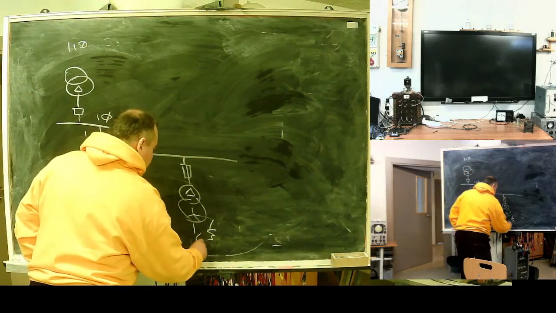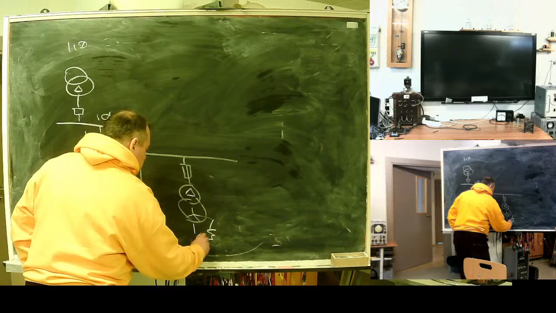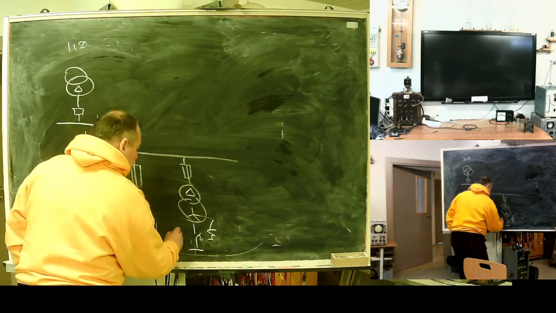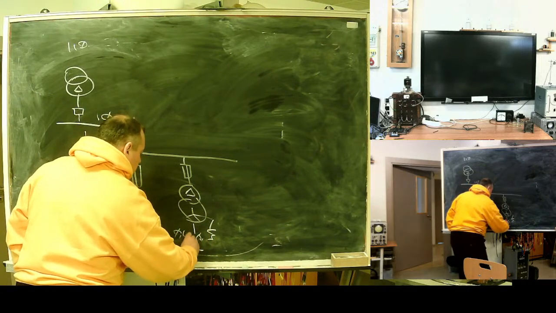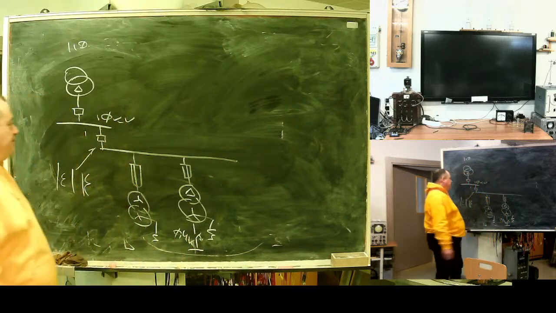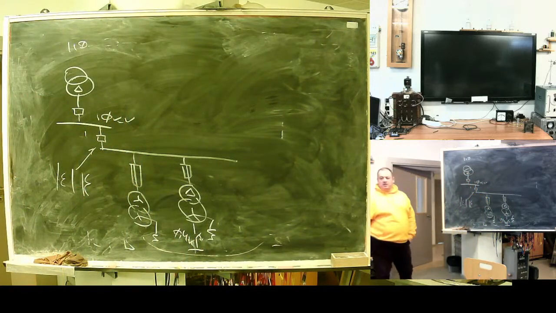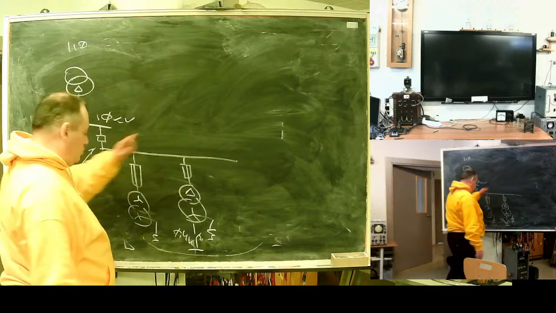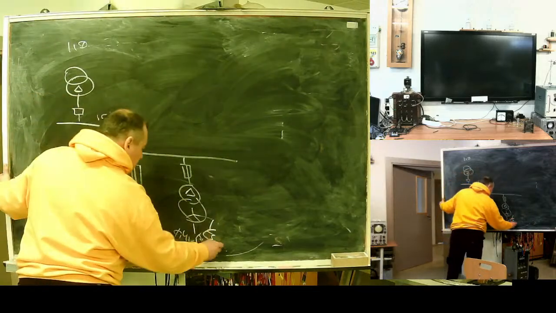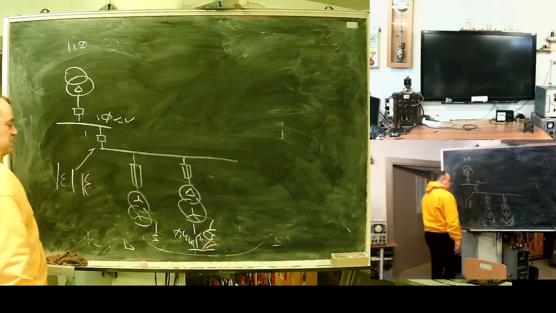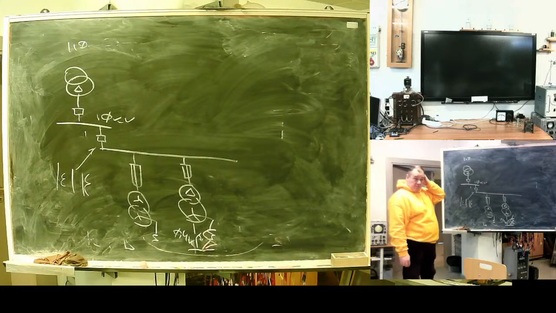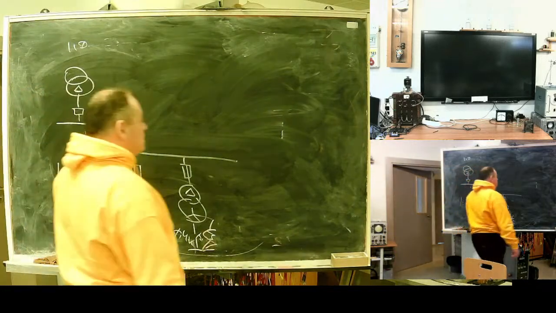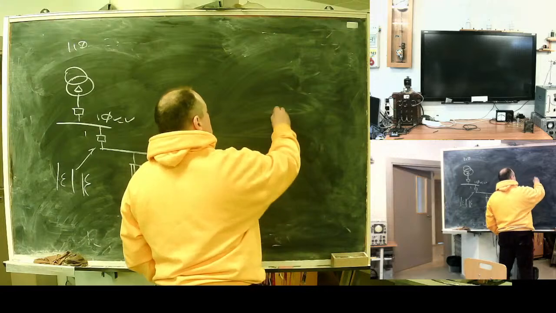Here is a different thing. 0.4 kilovolts. But where is the fault? It's a net fault, everything okay. But here, for typical transformer, it will be a BC fault. You will see something like this.